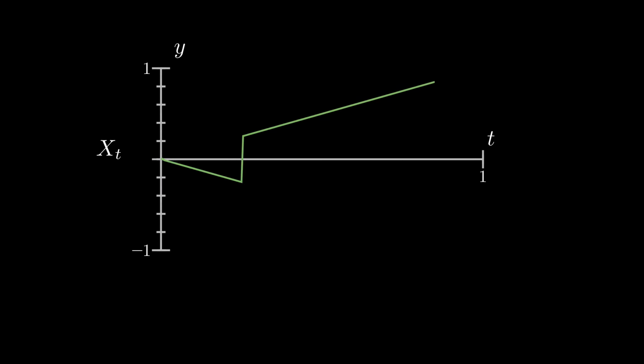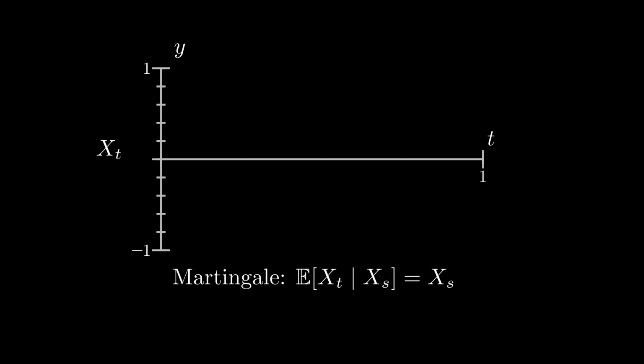Now, there are a lot of ways to decide how to make these jumps, but one way that makes a lot of sense is to make xt a martingale. Roughly speaking, a martingale is a random process where, if you know where you are right now, then in expectation, you aren't going anywhere. More formally, the conditional expectation of xt given what happened up to time s is equal to xs for t larger than s. This means that right at the start, the process is equally likely to hit either plus 1 or minus 1.